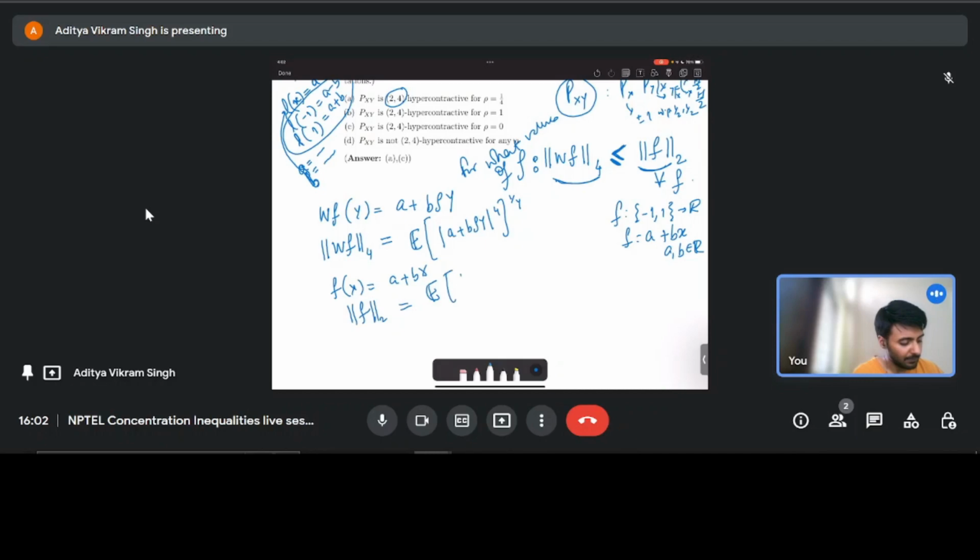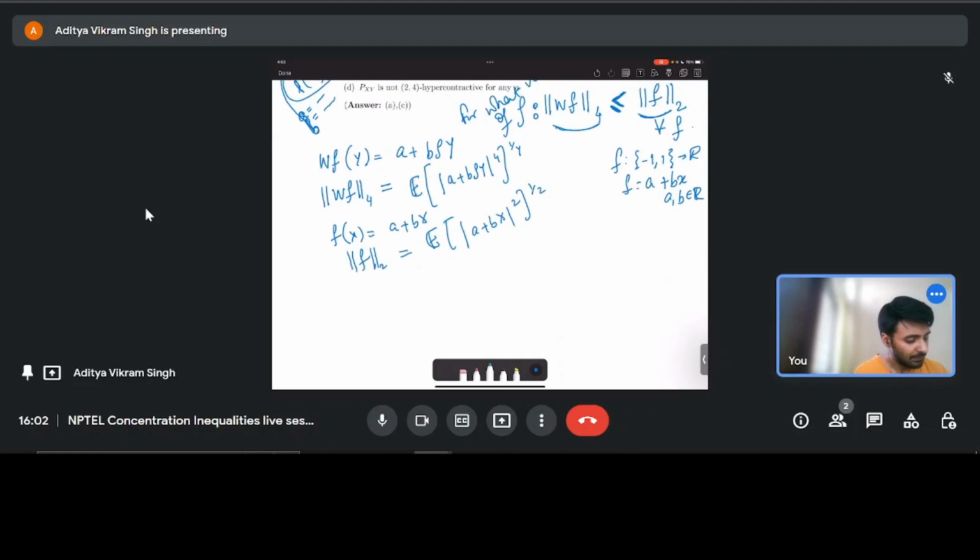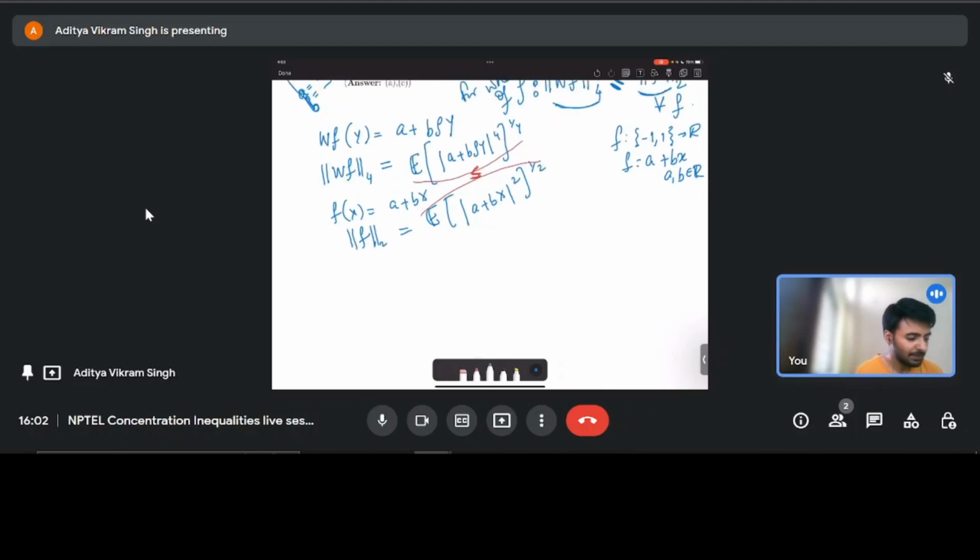the square of a plus bx, raised to 1 by 2. We want the first to be less than or equal to the second, for which rho. We want to remove the 1 by 4 and 1 by 2, so take the power 4 on both sides.